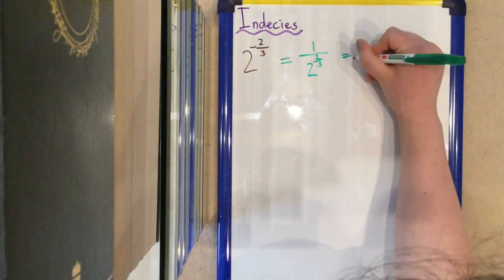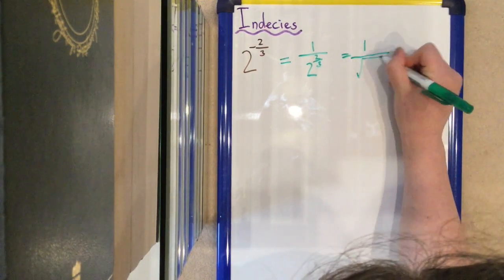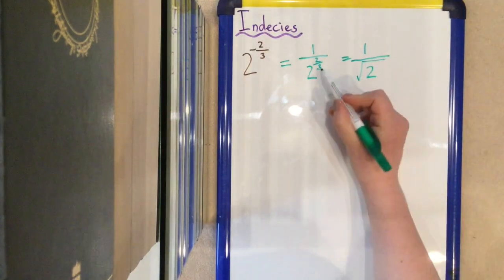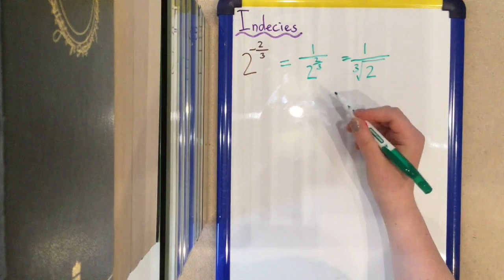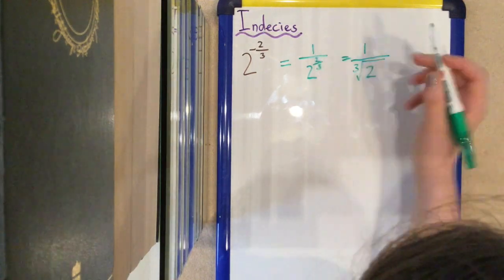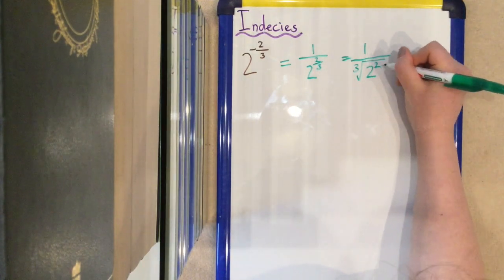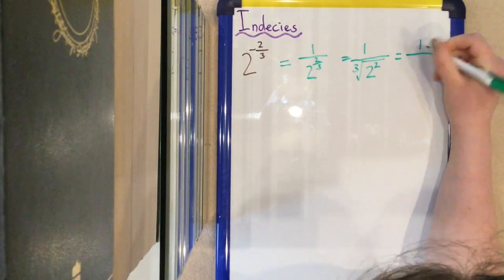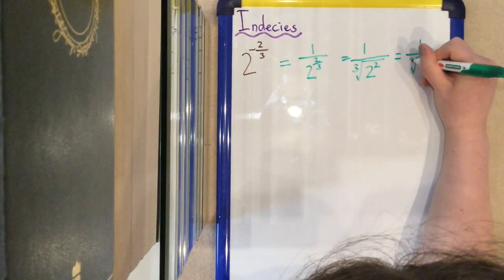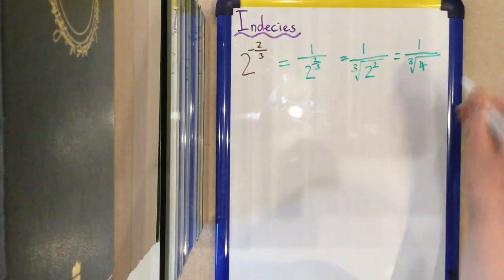So we're looking at 1 over a root of 2. This denominator is a 3, so it's a cubed root. And this numerator is 2, so it's 2 squared. So this fraction simplifies to 1 over the cubed root of 4.